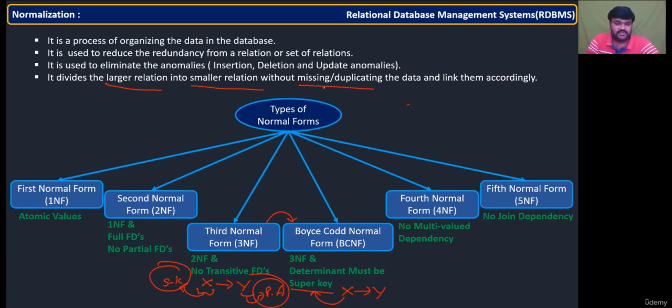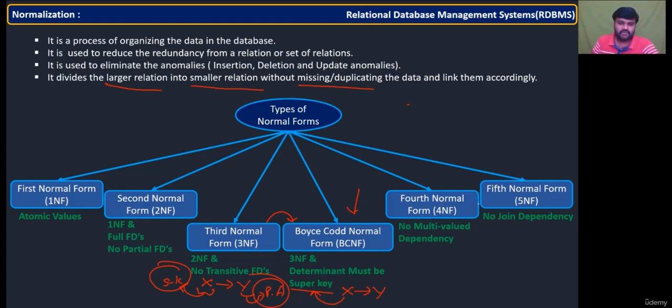So it is better to go up to Boyce-Codd normal form. You don't need to go up to fourth or fifth. Only if you need them, then go for fourth or fifth.